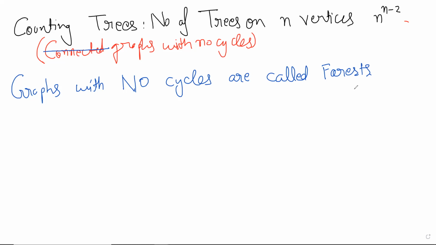Obviously there will be many more of them, but is there a way in which we can count them? We are interested in the number of forests on n vertices.